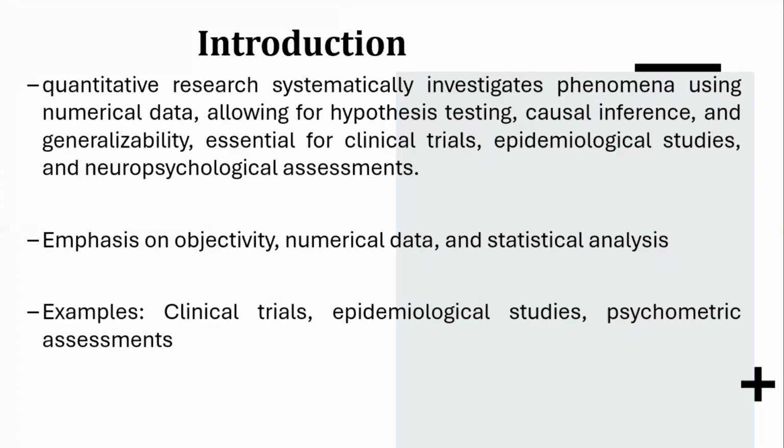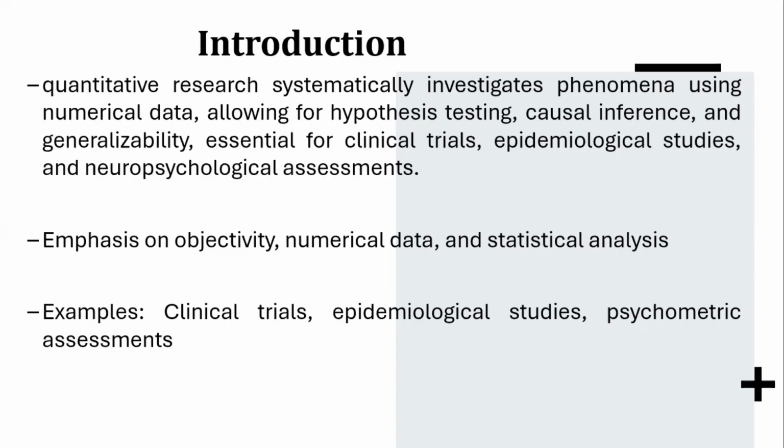And so once you are using numbers as your route into knowledge, mostly the focus is to test hypotheses. The researcher may want to test some hypothesis to understand, are there causal relationships between some variables? And then also, most times the approach is on generalizability, right?